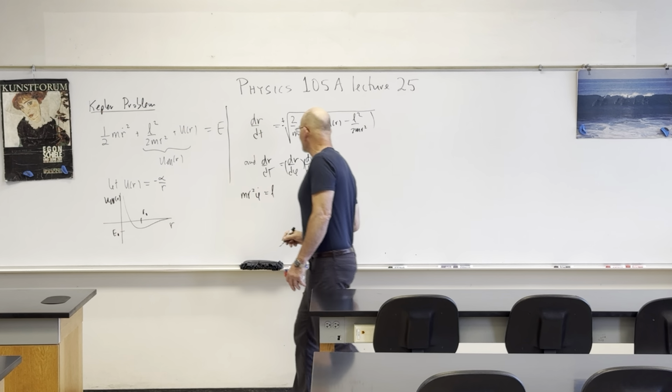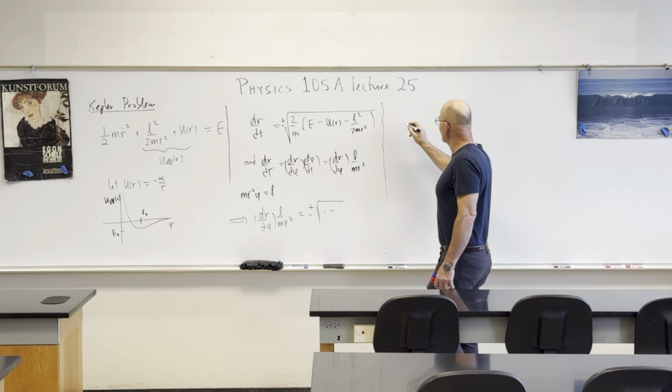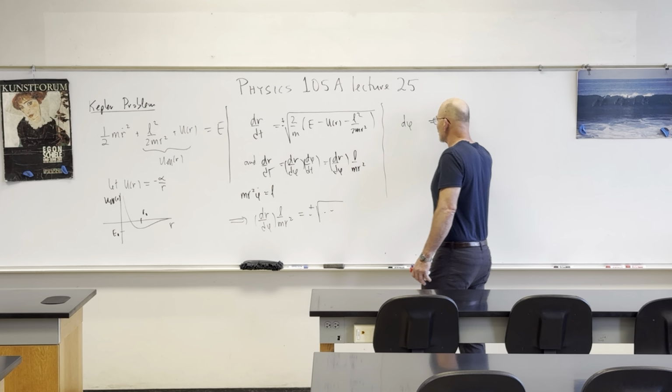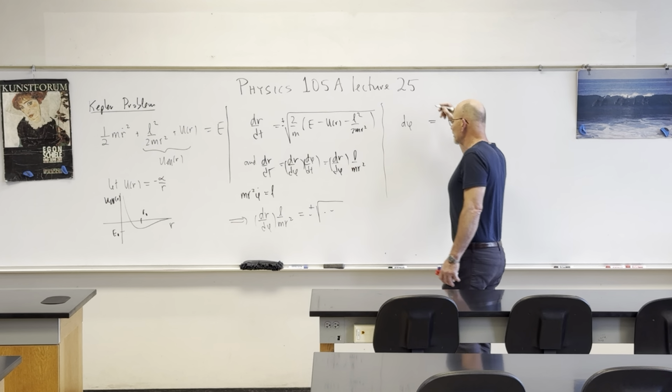And now we do the separation of variables. So we'll have d phi equal, and we'll leave some room here because we're going to write the integral sign in a minute anyway. We've got the d phi and we've got the dr, and we're going to leave this kind of an improper fraction for the moment.